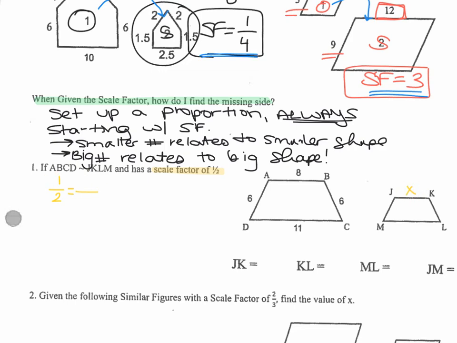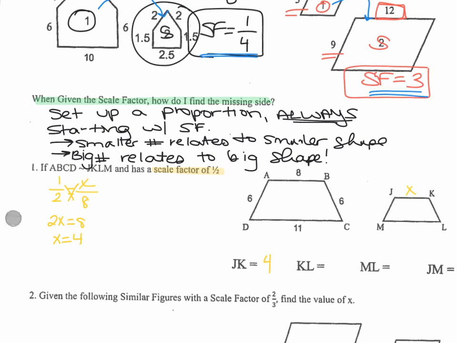So since the smaller number is on top, my smaller shape has to stay on top, so X goes on the top. And since my bigger number is on the big shape, my big shape is 8. My bigger number out of 1/2, 1 and 2, 2 is bigger. 8 goes on the bottom. Cross multiply, I have 2x equals 8, so x equals 4, which means JK is 4.